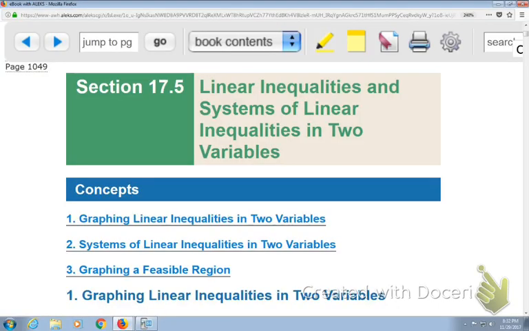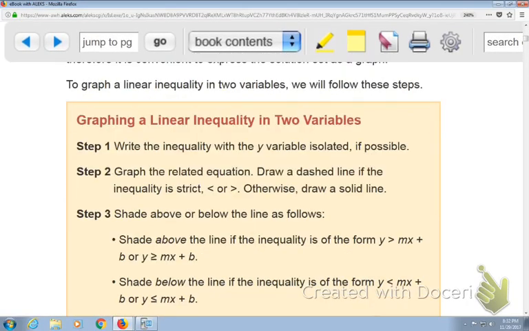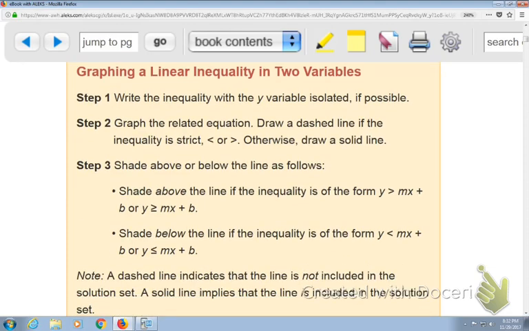So in two variables, we're going to be doing the exact same process, except instead of on a number line, we're in the plane. And that gives me a slight twist. Actually, I don't like their instructions at all, so we're going to ignore them.